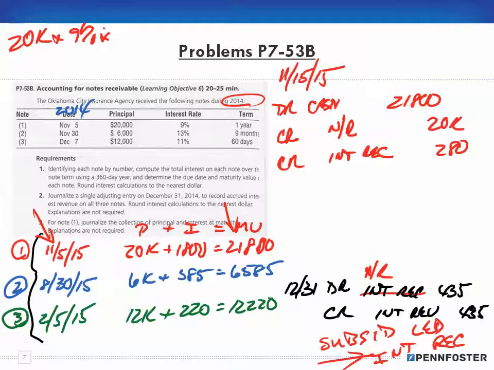Let me think about this here, because I'm not agreeing with the answer. Let me think about this. The book is showing 56 days over 360 as our interest calculation to get 280, right?